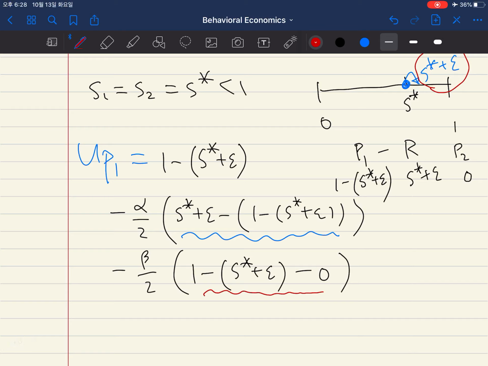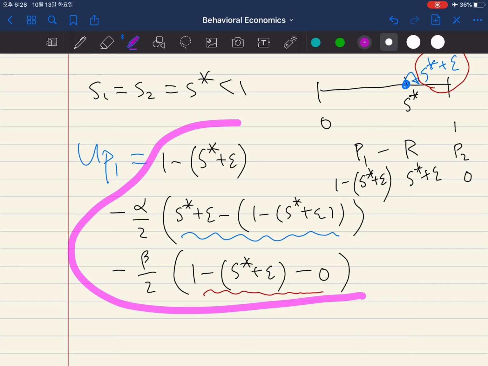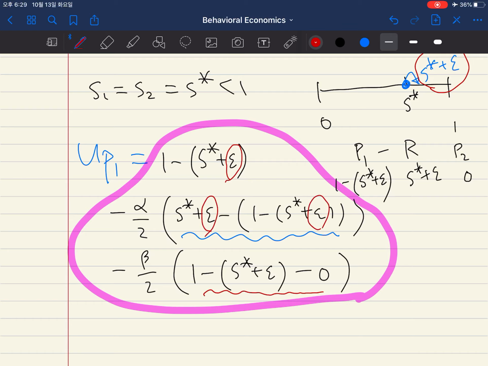Okay, then let's look at this purple expression. In this purple expression, we have epsilon in many places.